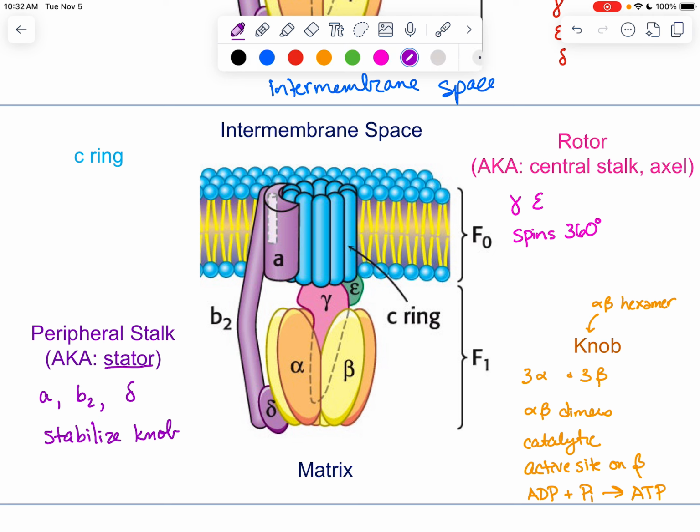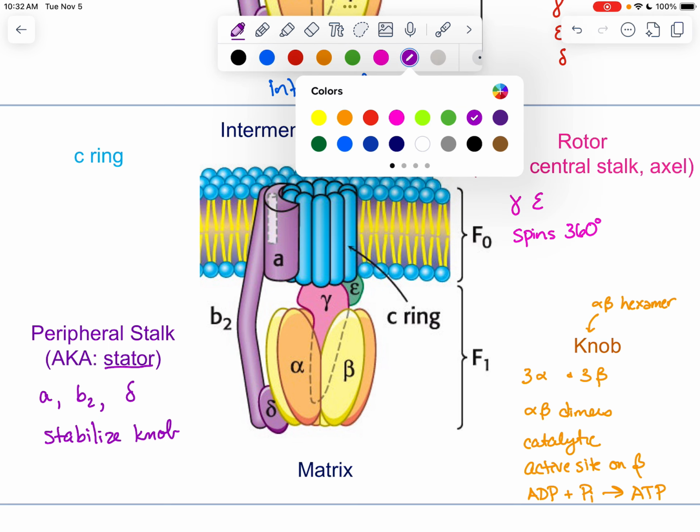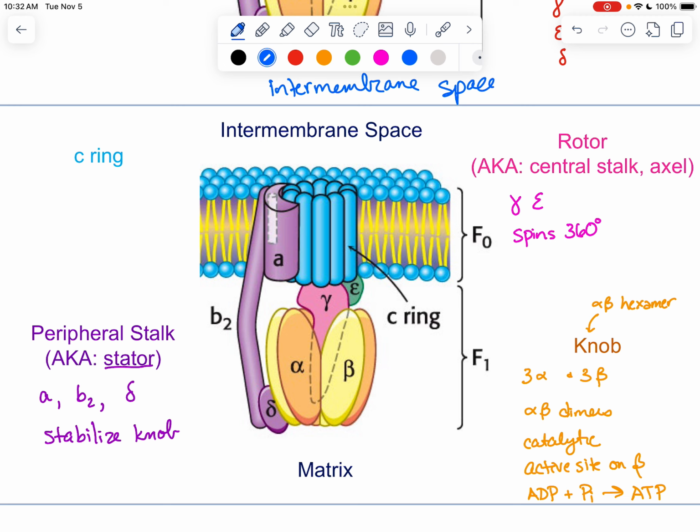All right, and then the C ring up here. All of these, shown as kind of blue cylinders right here. We will have anywhere from 8 to 15 C subunits in that ring.